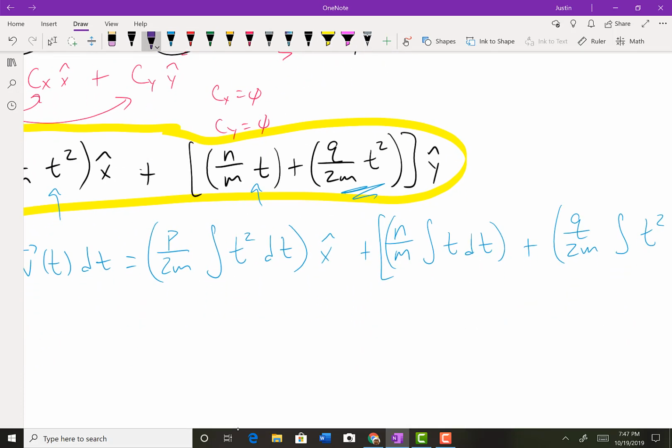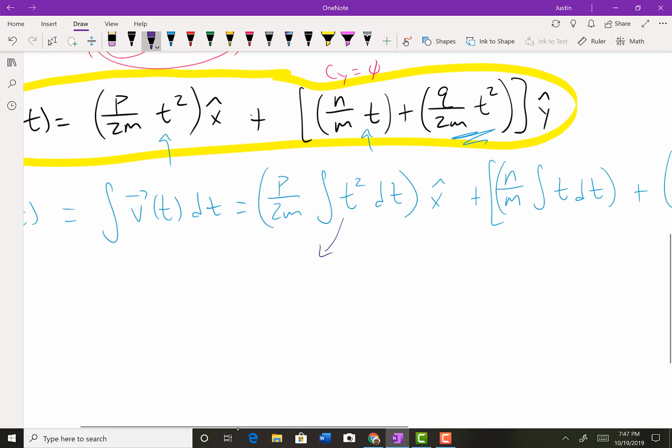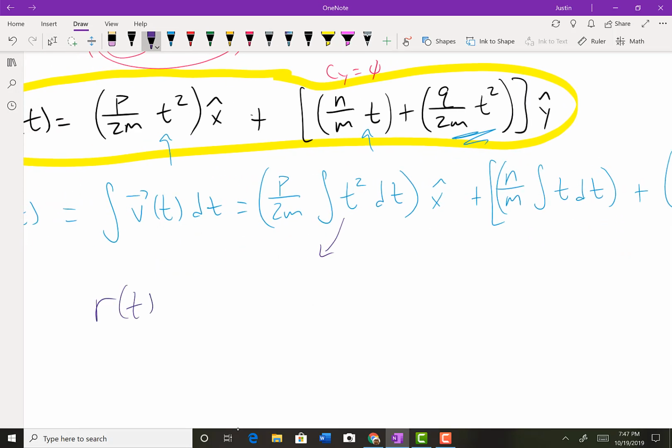All right, let's take these integrals. So these are all just constants. The integral of t squared is t cubed times a third. So all this is the position as a function of time. That's p over 2m, plus a constant. Just to show it'll be different from the other constants, I'll call it k in the x direction. And all that is in the x hat direction.